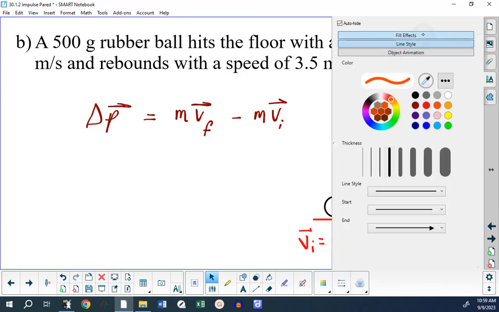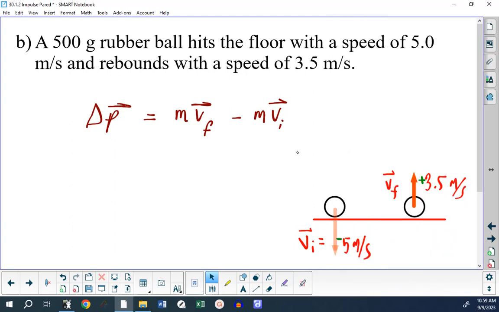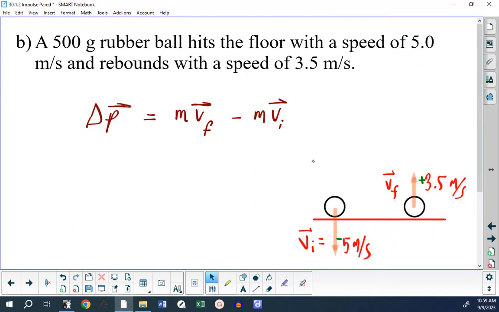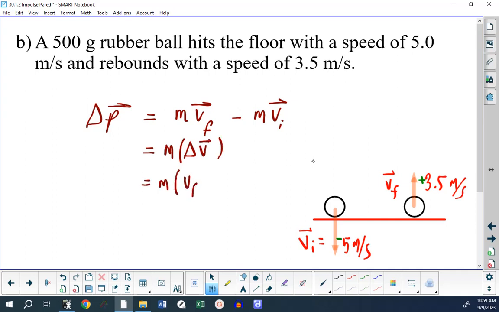It's a little cluttered. Let me just clean this up a bit so that you can see that a little better. And that changes everything. If you don't include that negative with the 5 meters per second, you will get the question wrong. So I'll write this as m delta v, which is m times vf minus vi, which is going to be the 0.5 kilograms times positive 3.5 minus that negative 5.